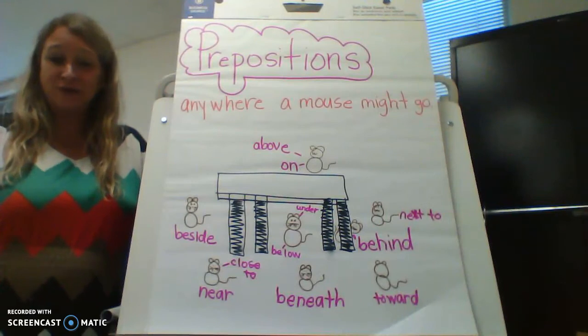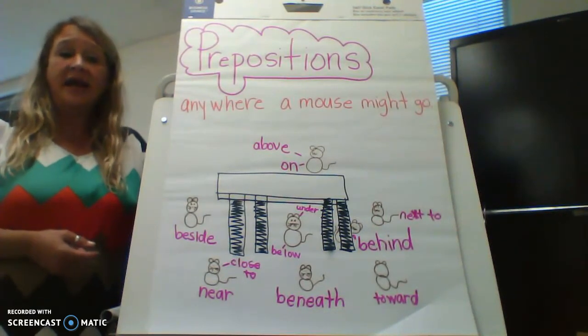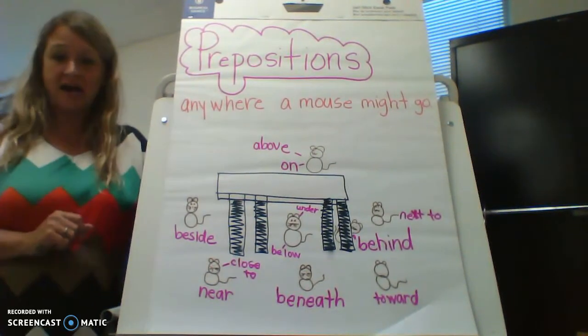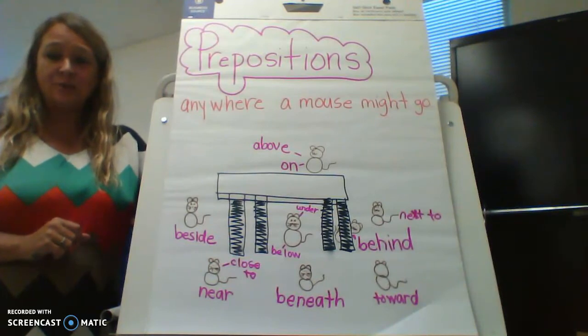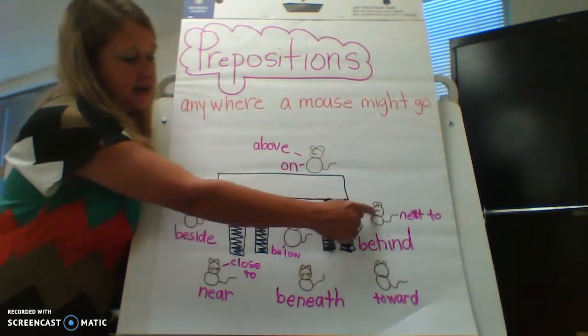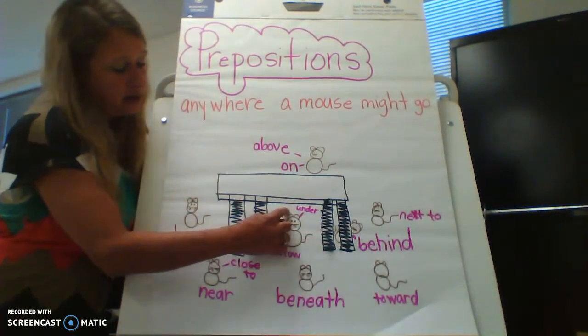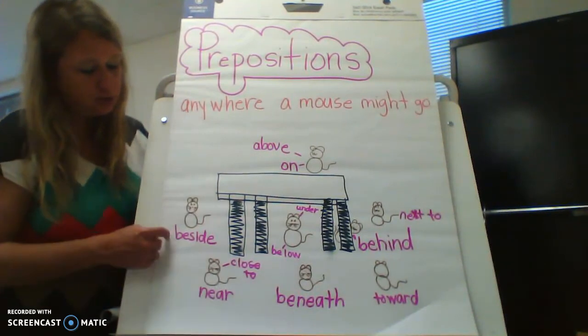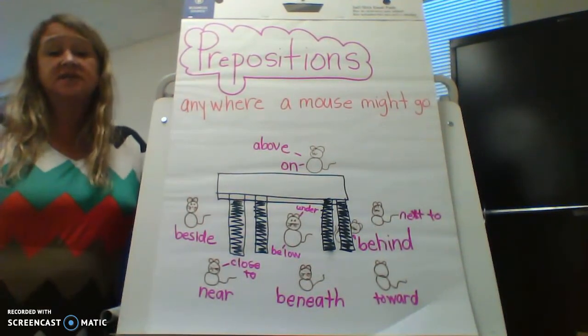But let's review what we talked about today. First of all, a preposition is anywhere a noun is, or anywhere a mouse might go. And prepositions are above, on, next to, behind, under, below, beneath, toward, near, close to, beside. These are just some prepositions.